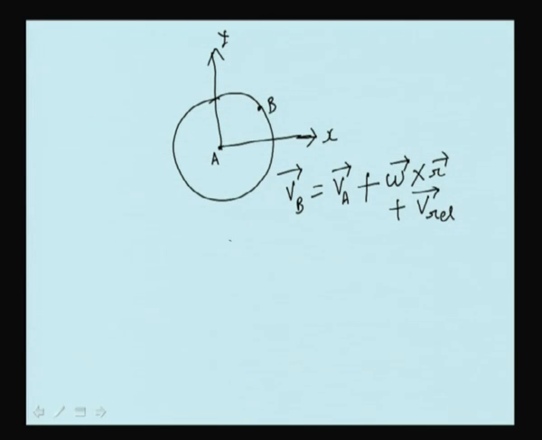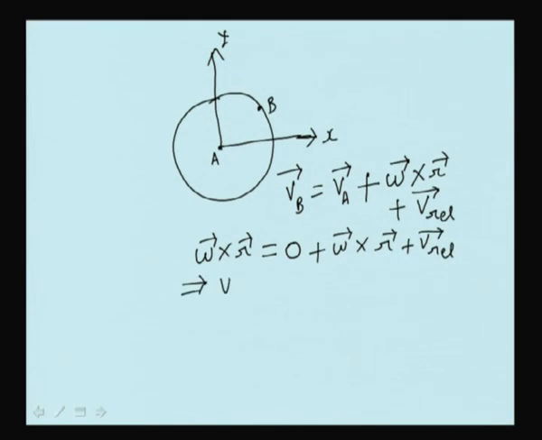VB in this case is equal to omega cross R, because absolute velocity is known to be omega cross R, which is equal to 0 velocity plus omega cross R plus VL, which gives us VL equal to a 0 vector.